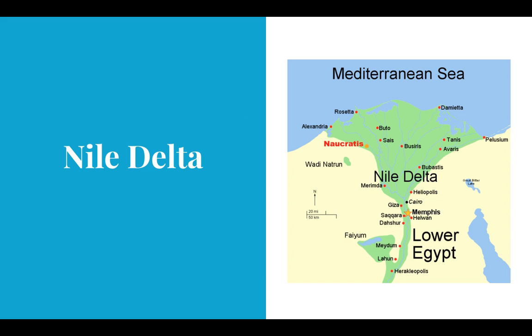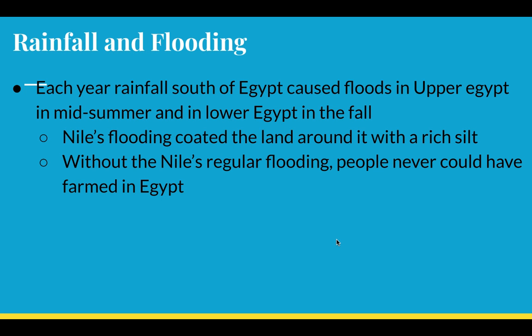This area is going to be very fertile and farming will be very successful there. Each year, rainfall south of Egypt caused floods in Upper Egypt in midsummer and in Lower Egypt in the fall. Now remember, Upper Egypt is actually in the southern portion and Lower Egypt is in the northern portion where the Nile Delta is.